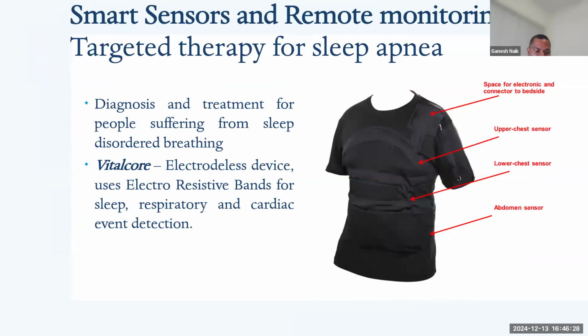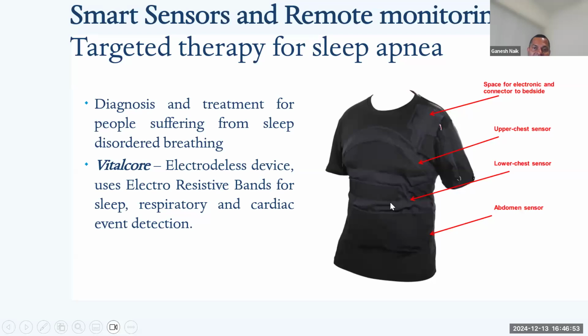Now I'll quickly go through the smart sensors and remote monitoring for sleep apnea again, and also cardiovascular diseases. Here again, this shirt was developed by Western Sydney University researchers, and as you can see here, the sensors were embedded inside the shirt.